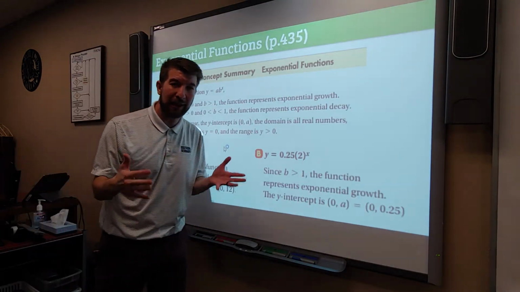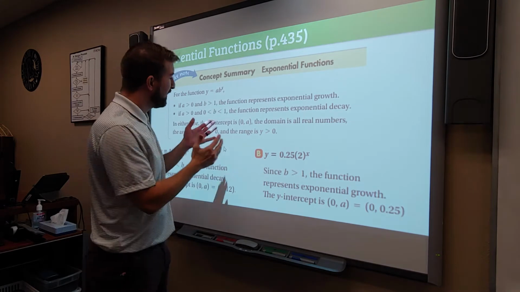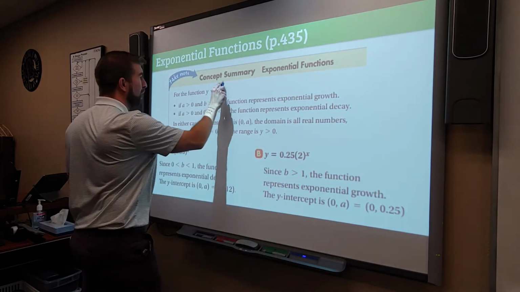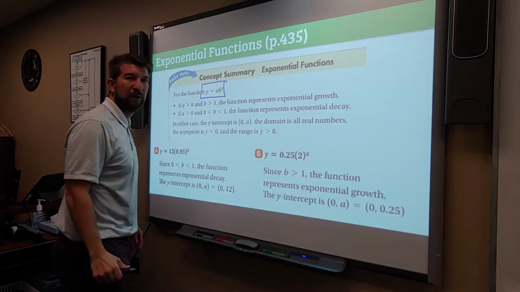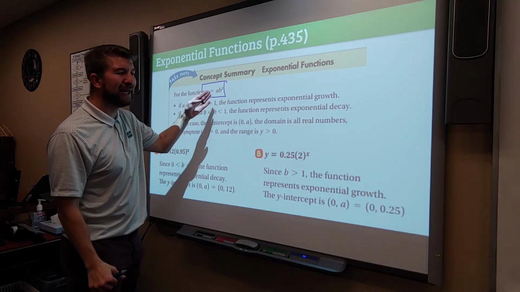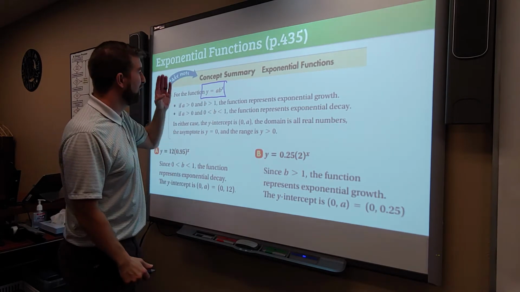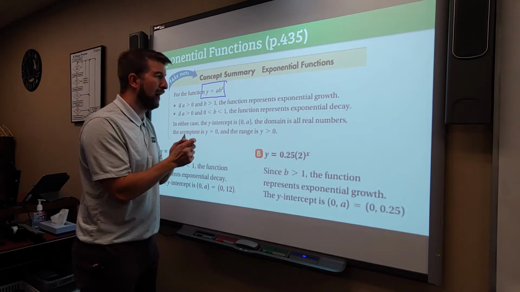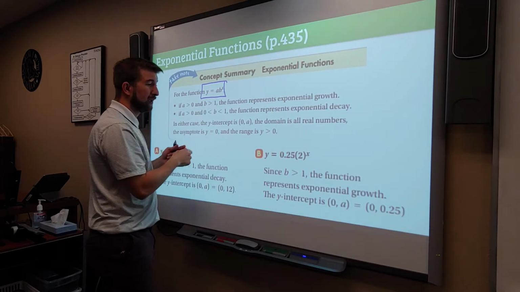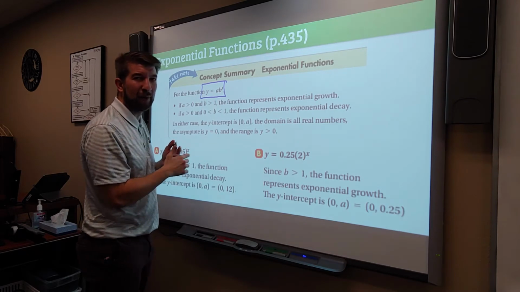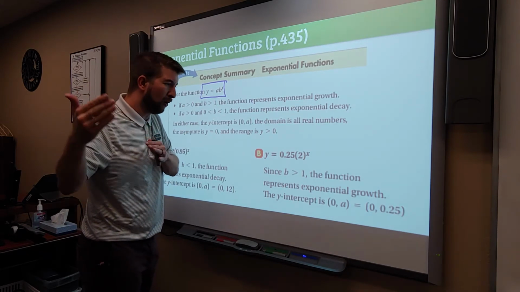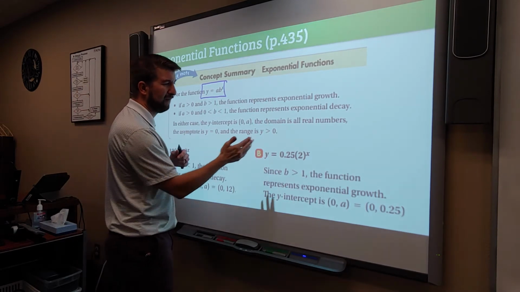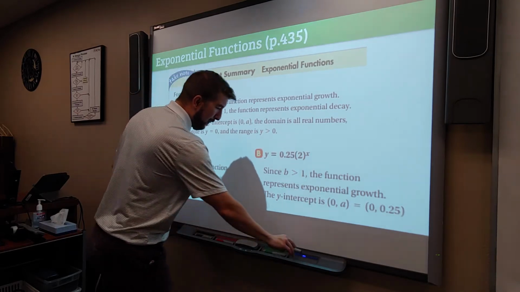A faster and much easier way is to be able to identify the standard form of an exponential function, which is y equals ab to the x. Now remember, the a and the b represent numbers. The x will also probably have a number when you're solving later on in this chapter and in this lesson, but for now it's just going to be an x by itself.